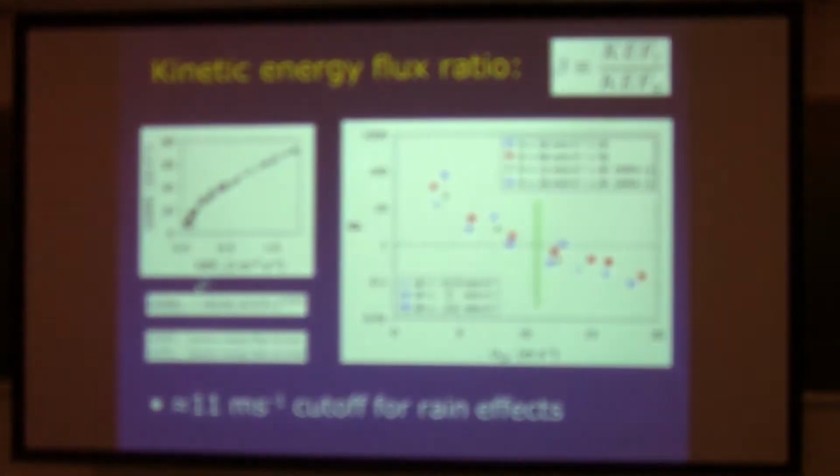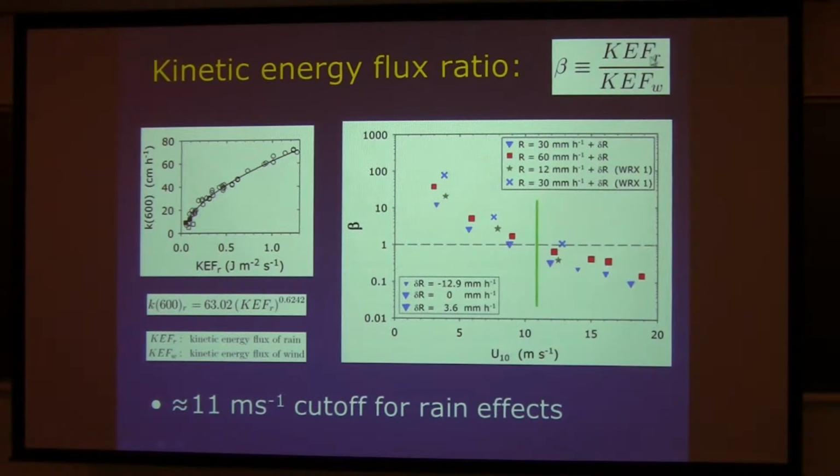And then we computed the ratio of the gas exchange rate from rain, based on the kinetic energy flux from rain, to the kinetic energy flux from wind, which is well known, and called that parameter beta.